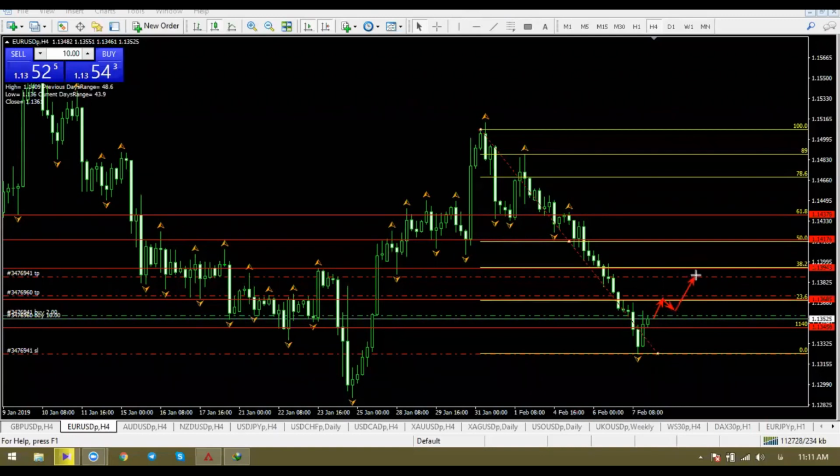And again, from here, it moves up. Before it reaches 38, the pivot is here. This zone. It may again fall down until 23. When it fell down, we reverse it.